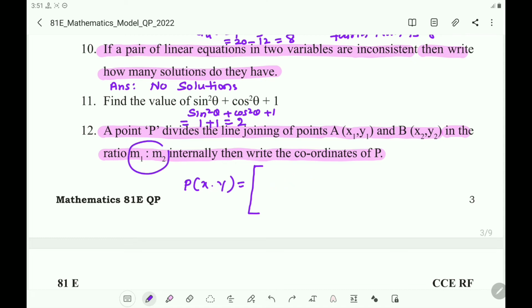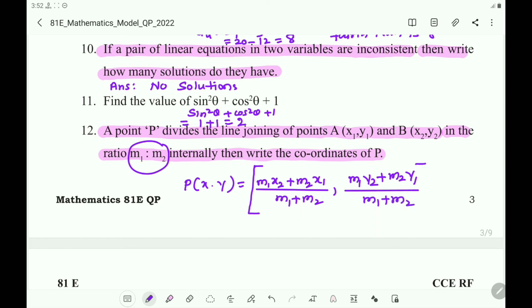Here the ratio is given as m1 : m2, so you write m1 into x2 plus m2 into x1, that whole divided by m1 plus m2. This is the section formula, the coordinates of the point P which divides the line joining the points A and B.